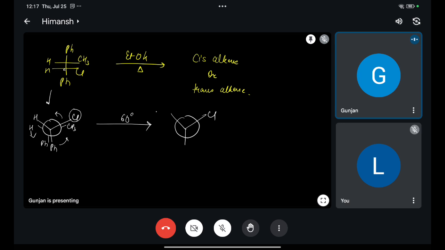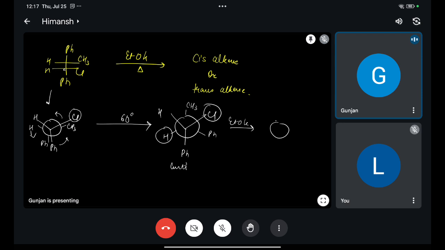Cl over here, H over here, Ph over here. This H will come over here, Ph here, and CH3 here. Now they are anti to each other, with a 180-degree angle between the two. So now we can easily remove it.